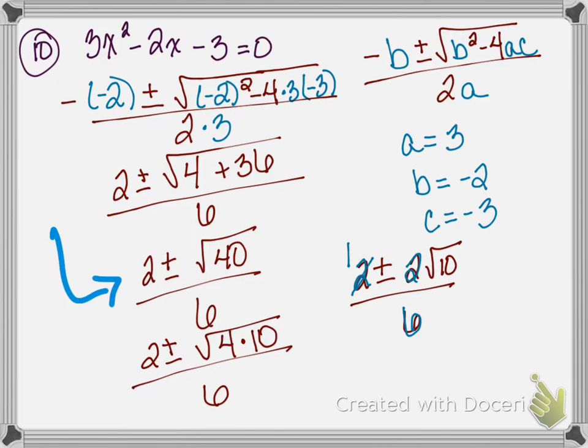So I'm going to have 1 plus or minus 1 on the square root of 10 over 3. So it would just be 1 plus or minus square root of 10 over 3. You got it. Okay, that was it. You're good. All right.